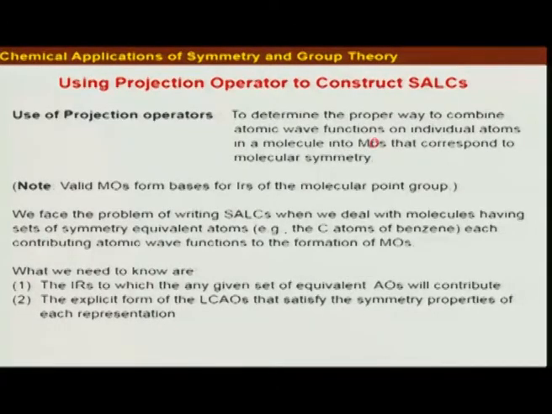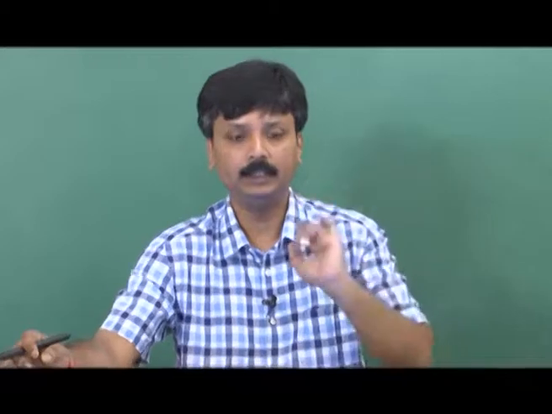So in those cases we have some problem, because each of these atoms, and hence the atomic wave functions, contribute to the symmetry adapted linear combination. So we will see how.